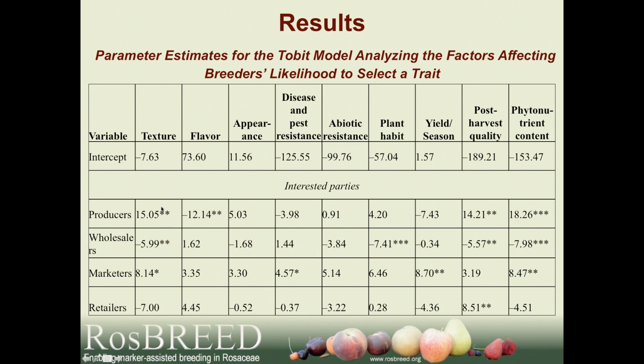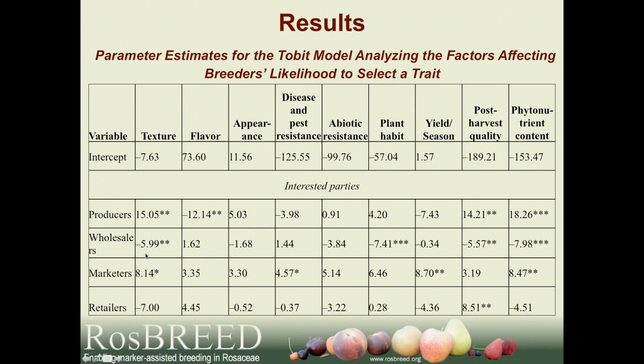The stars indicate that the coefficient is significant. If it's 1 star, that means the coefficient is significant at the 10% significance level. If it's 2 stars, it's significant at the 5% significance level, and 3 stars means it's significant at the 1% significance level.